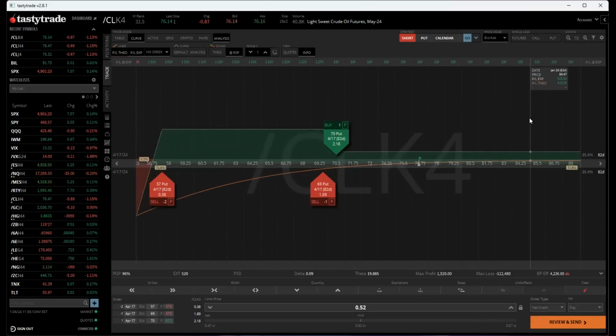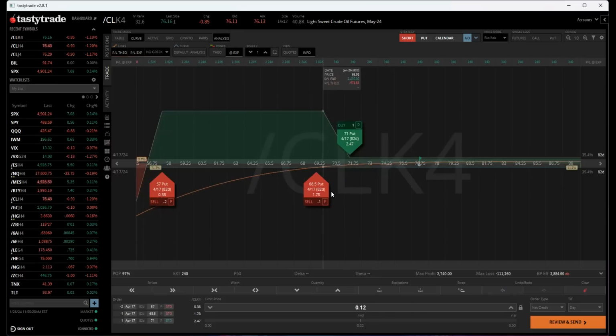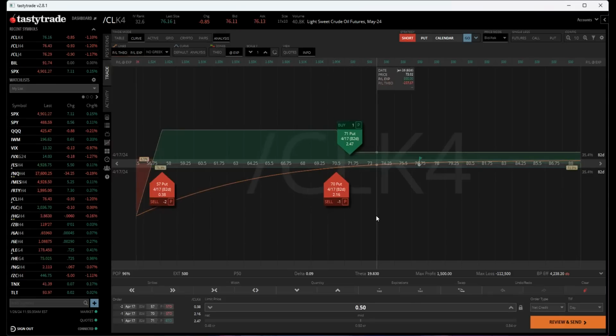Now I'm getting 520 for 4,236, okay, which is 12.2% in essentially 82 days. Totally fine. Let's move them up a little bit more because we can. We can still get our 3% a month return and move these up. Now we're getting, let's say, $500, using 42.38, which is now 11.8%.